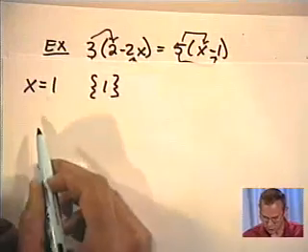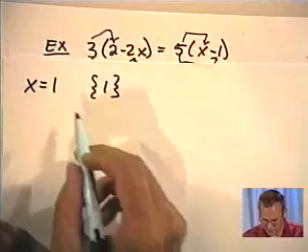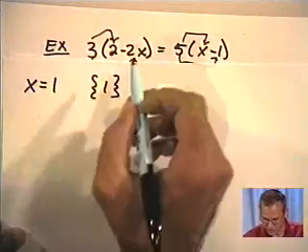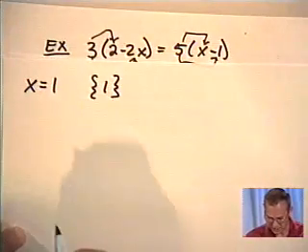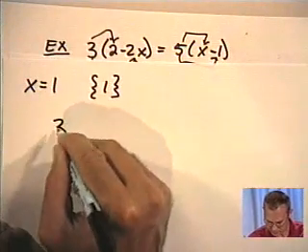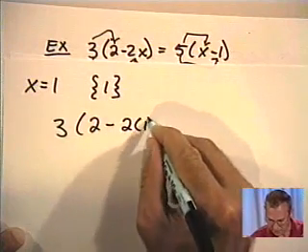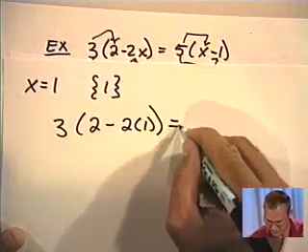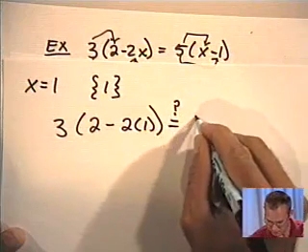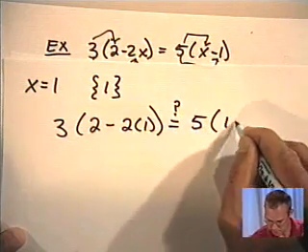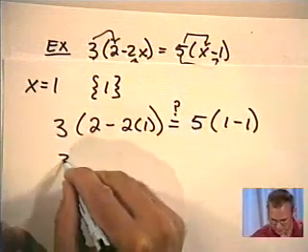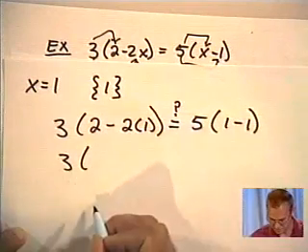So we said our solution was 1. Let's plug a 1 back into our equation into all our x's and see if we actually get an equality. Wherever I see an x, I'm going to plug in my 1. So we want to check, does this equal? Let's fix the parentheses first.